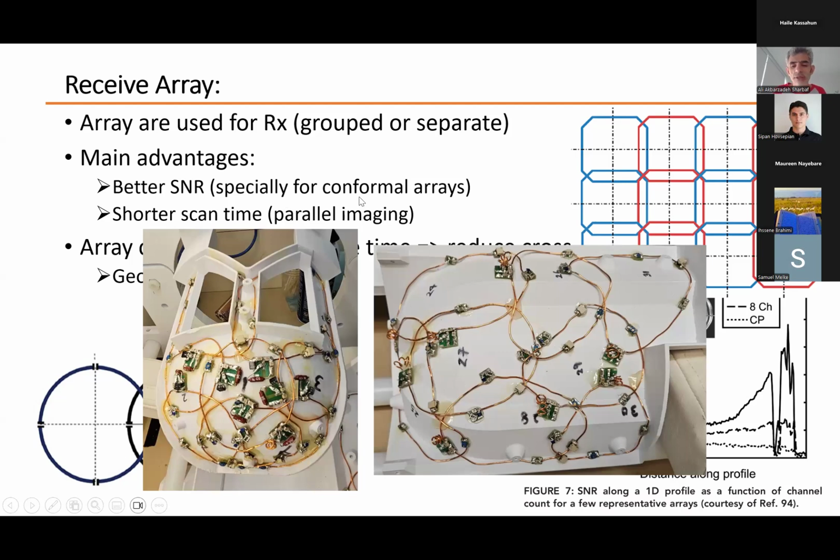Here's a photo of one of the coils that we are building right now in the lab. It has 32 loops in the final design, and here are the loops, and you see every loop is overlapped with the adjacent loop to reduce the coupling.